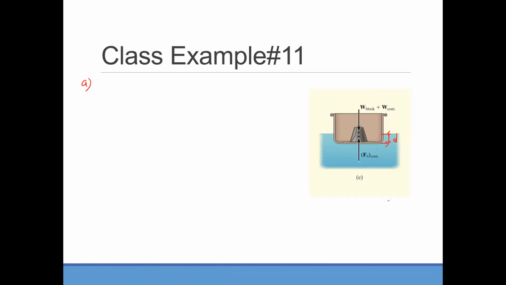So from the free body diagram, if we say this is the positive y direction, the sum of forces equals 0, and we have FB going upward, and we have minus W block minus W container equals 0. Now we need to find the values for W block, W container, and FB, and in that process, we will know what D actually is. Okay, let's find that out.